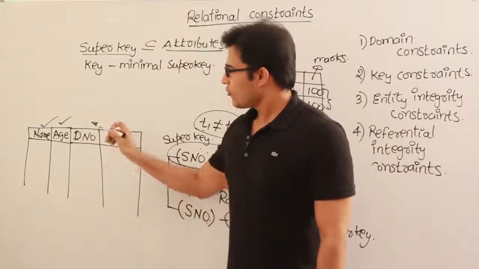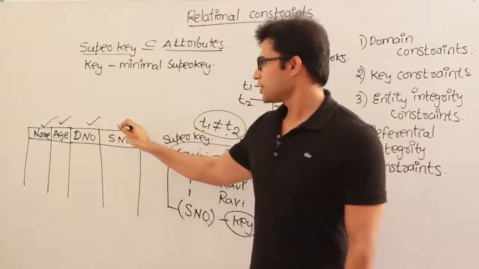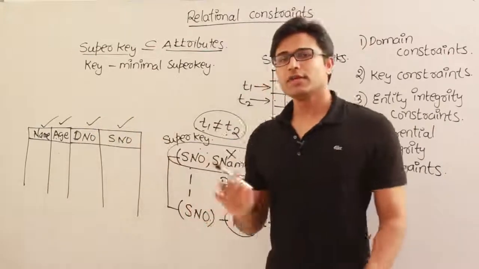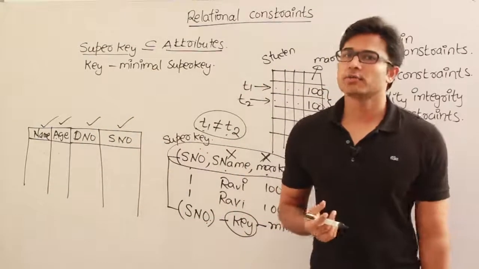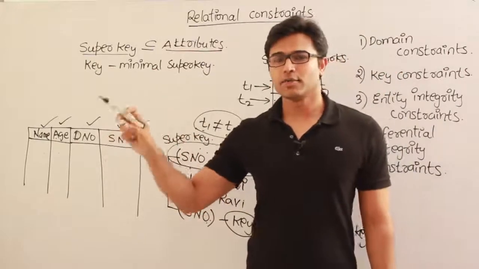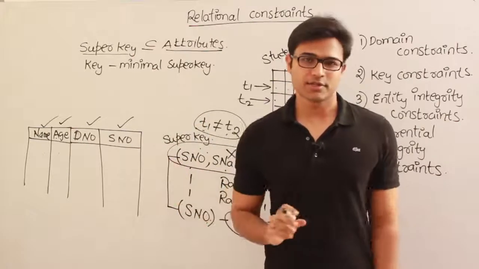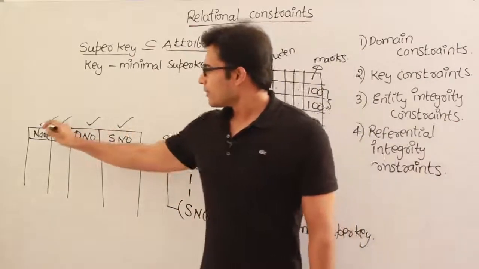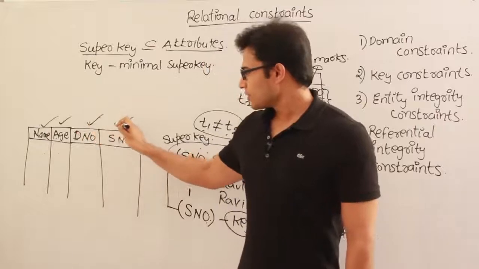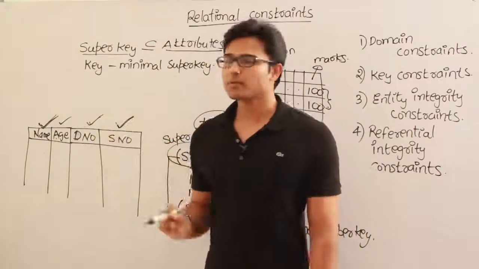Then maybe if you assume that the door number and the street number, if you take these two, that might be a super key. Let us say in a particular house, in a particular street, only one person is residing, or in a particular door number and in a particular street number only one person with some name is going to be present.